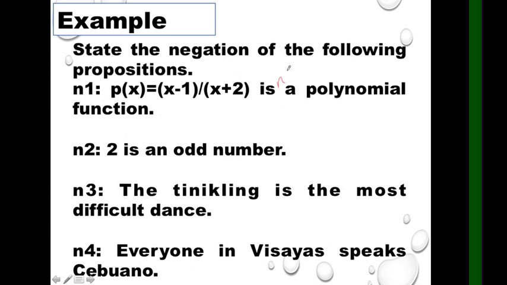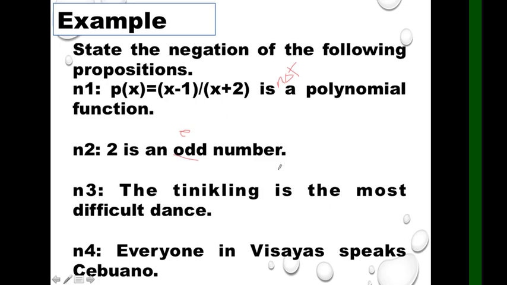So that's negation. For number 2, 2 is an odd number. So it will become 2 is an even number. Or it is not true that 2 is an odd number. Or 2 is not an odd number.